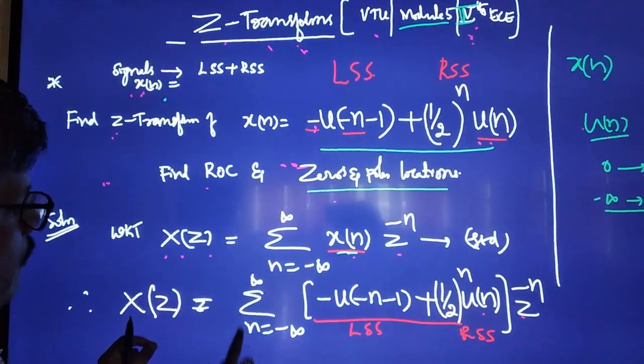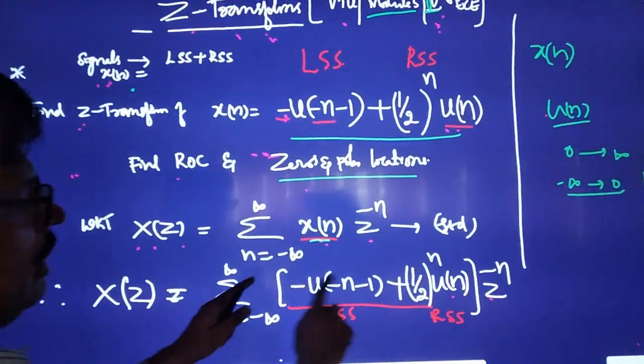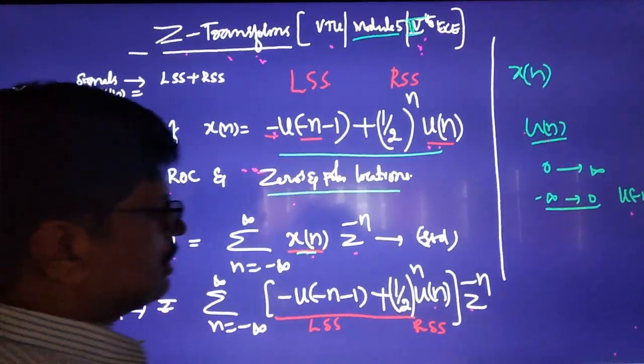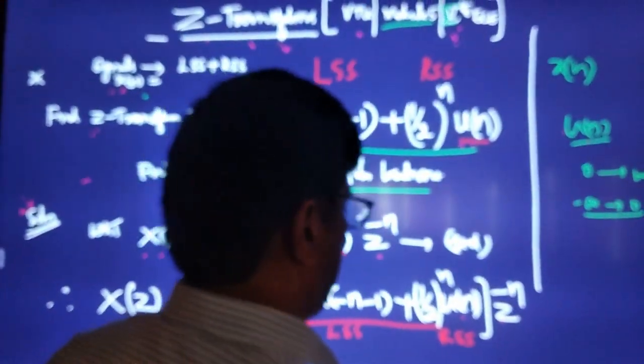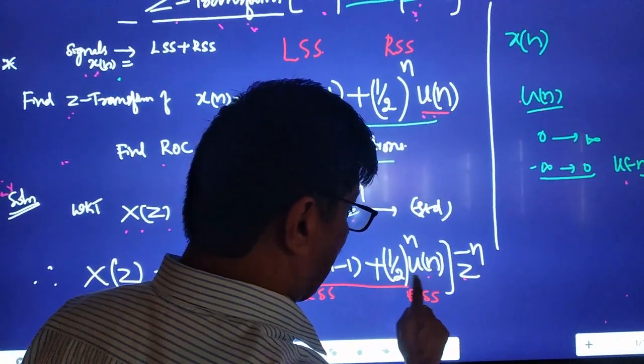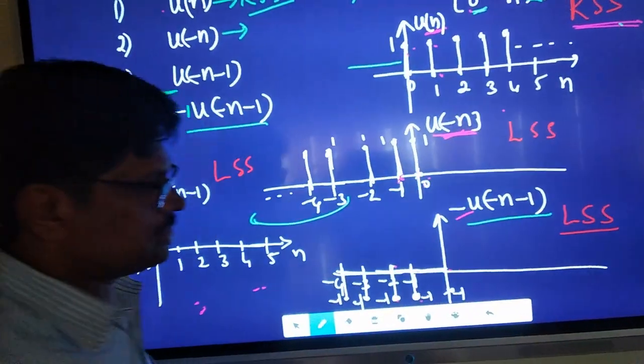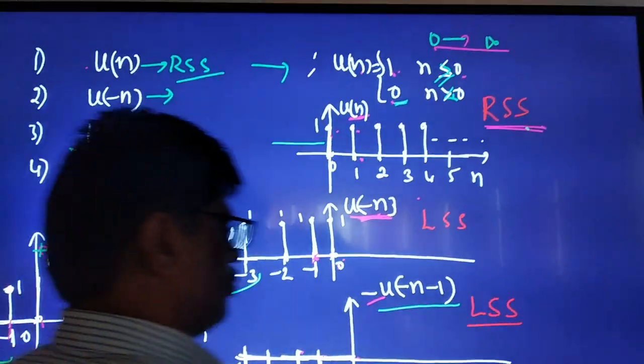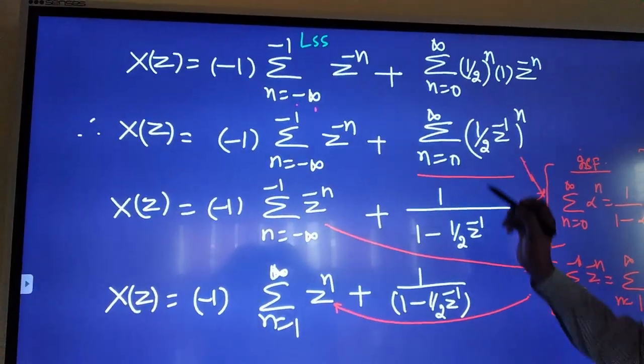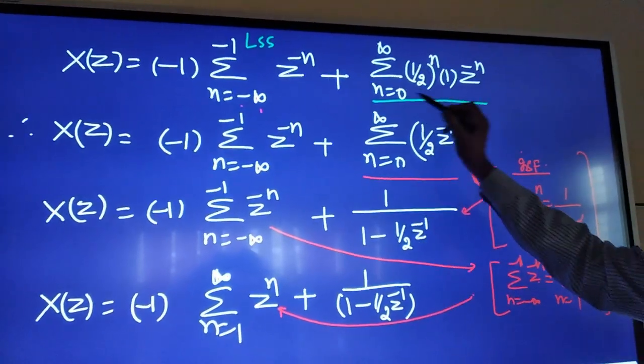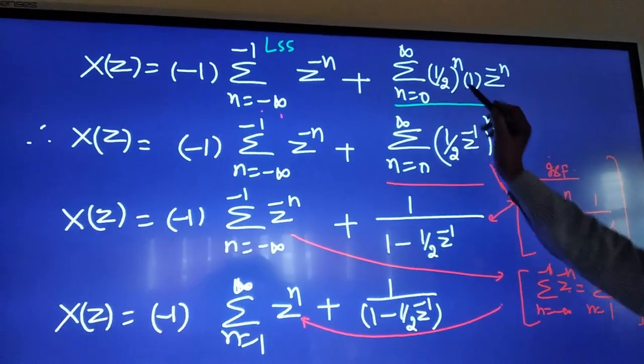I am substituting this: n equal to minus infinity to minus 1, into z to the power minus n, first term. Similarly, the second term. Since u of n is there here, the summation is n equal to 0 to infinity.